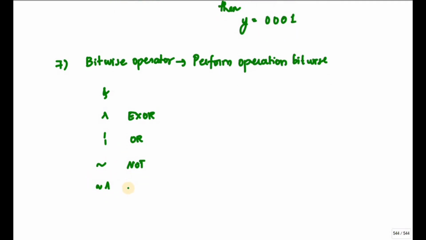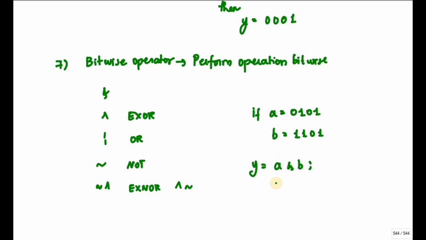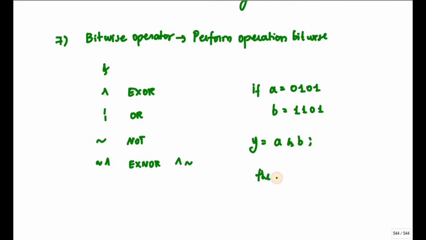Okay, so if it is not plus XOR, it becomes XNOR. So you can also represent it in this way. If A is equal to 0 1 0 1 and B is 1 1 0 1, it will perform the AND operation, right?